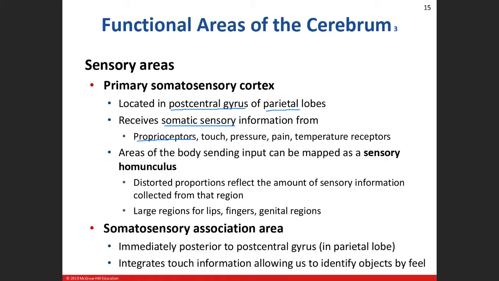So we've got another homunculus here, and again, it's going to be somewhat distorted when we're talking about the proportions of our body. Somewhat similar to the motor, but again, think about it. The areas of your body that are more sensitive are going to have more real estate invested in those areas. So lips, fingers, genital areas.